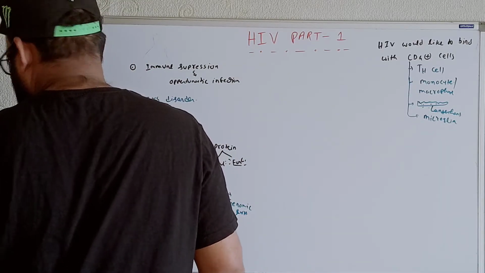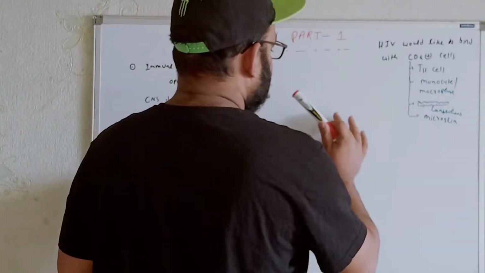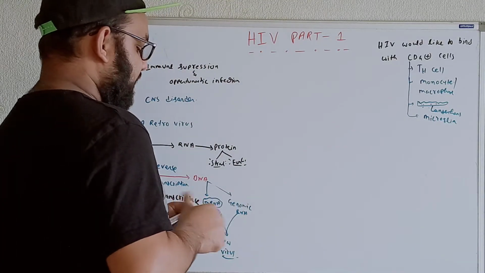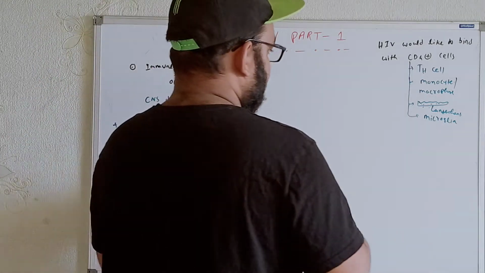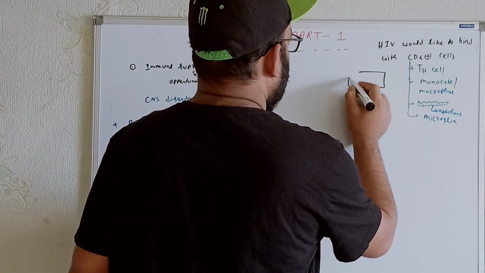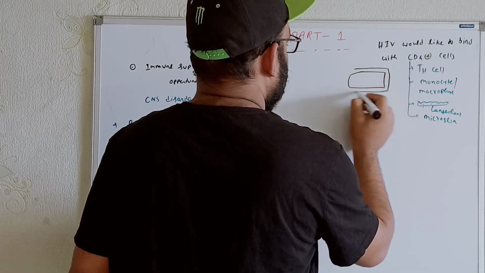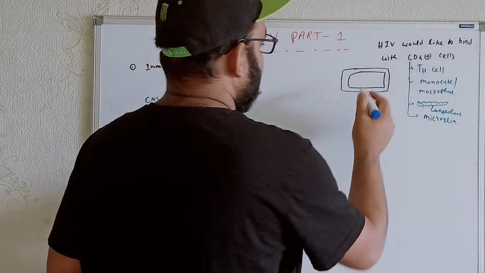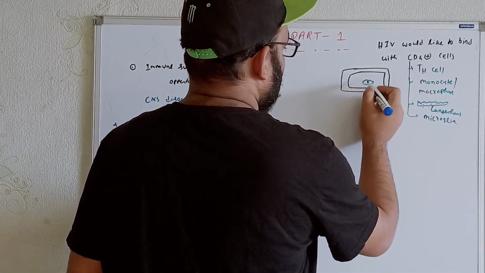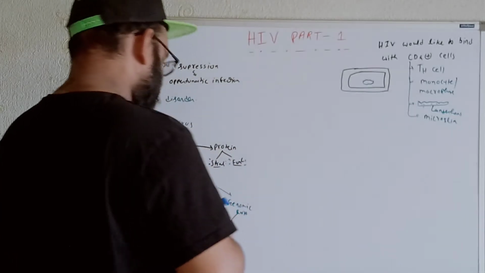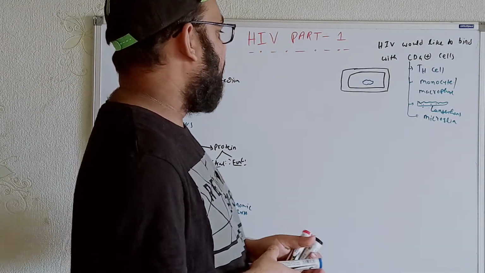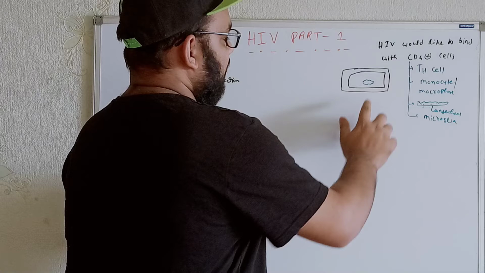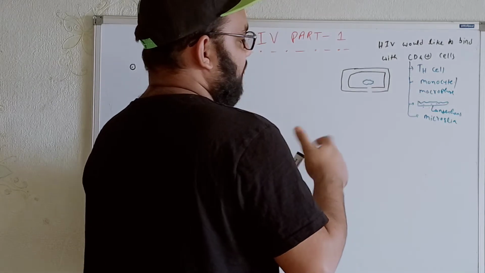Okay. Now see, as we know, the HIV has a lipid bilayer. How does the HIV get the lipid bilayer? Take a normal cell. Whenever the HIV virus comes, it is within the cell, and whenever it goes out of the cell, at that time it will steal the lipid bilayer membrane from the host cell, right?